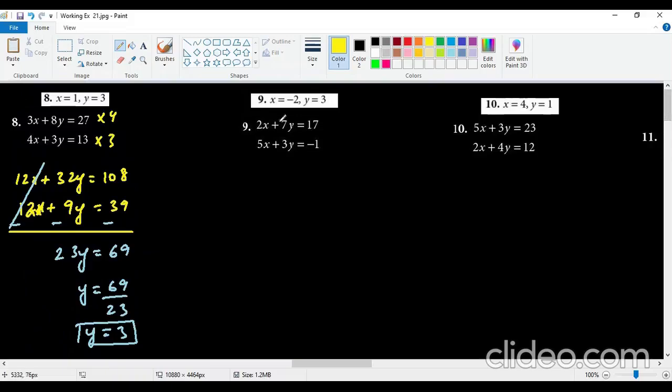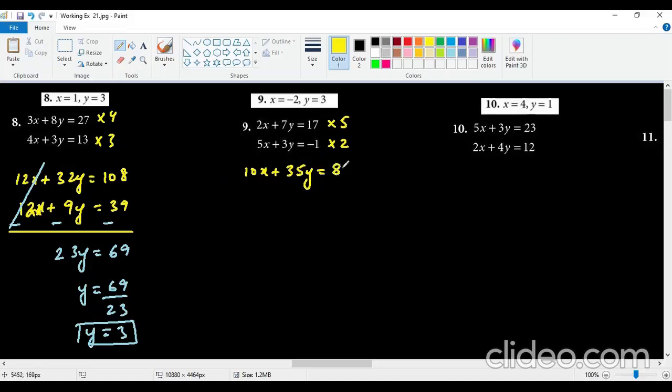Taking the second question, question number 9. In here, I multiply this equation by 5 and this equation by 2. So the first equation becomes 10x plus 5 times 7 is 35y, equals 17 times 5 is going to give us 85.